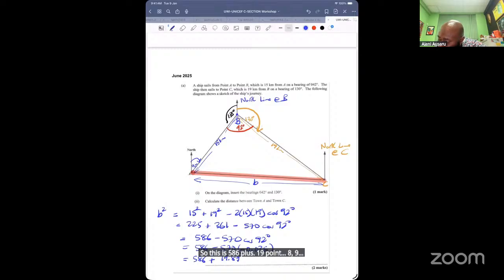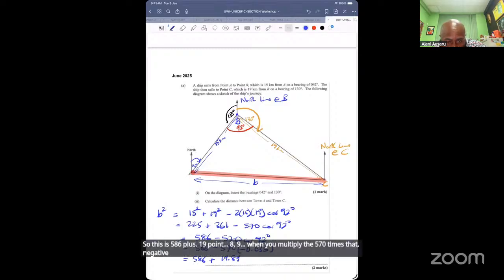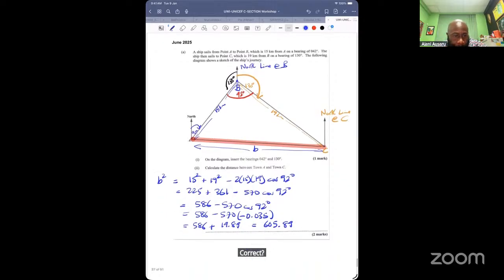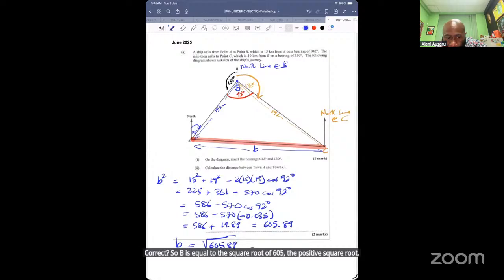When you multiply 570 times that, negative times negative gives you positive, and we get 19.89, right? So b is equal to the positive square root of 605, which is approximately 24.61. Tell me if that's what you got, guys.